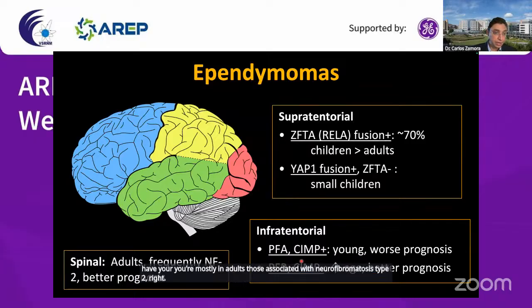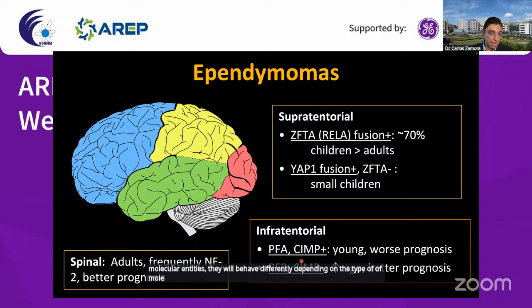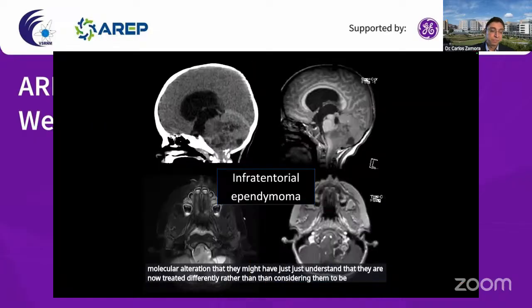Or NF2 related schwannomatosis, as it is now called, your myxopapillary ependymomas, right? So essentially they are different molecular entities. They will behave differently depending on the type of molecular alteration that they might have. Just understand that they are now treated differently rather than considering them to be part of the same entity.